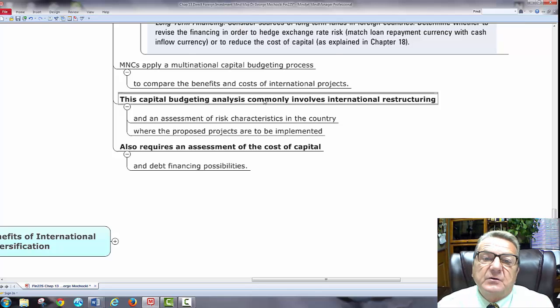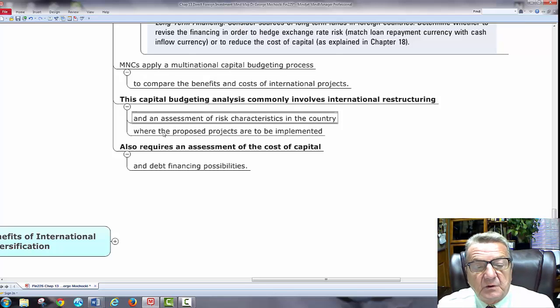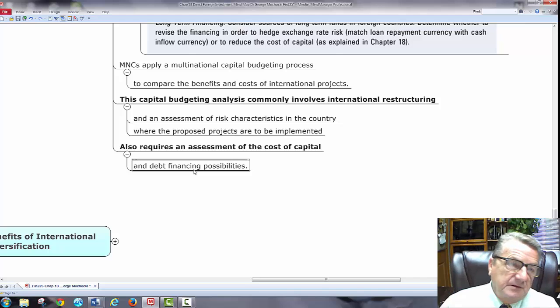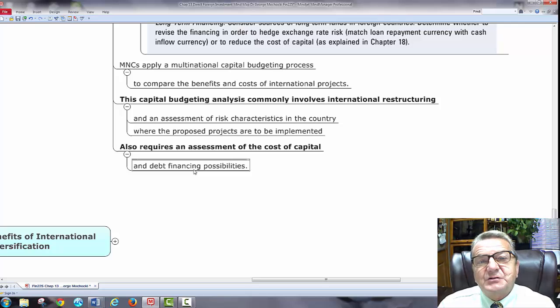Will that give me value in the short term or the long term, depending on the strategic plan, and different cash flows and inflows that I'm looking at, different exchange rates, depending on how large and how many countries I'm operating in. It also requires an assessment of cost of capital, debt financing possible. Do I take a loan out? Do I sell shares, or do I issue a bond? What is the best thing? Which and where do I issue it? In which market? With exchange rates?